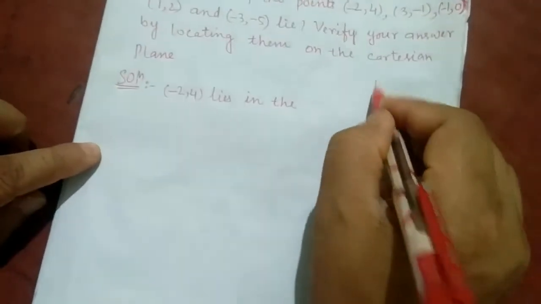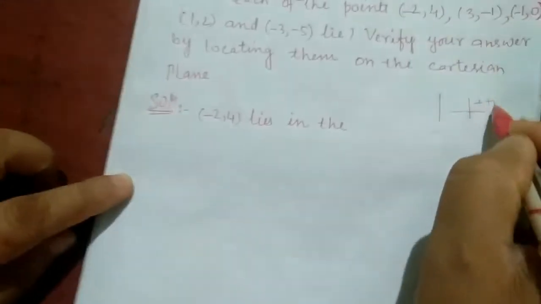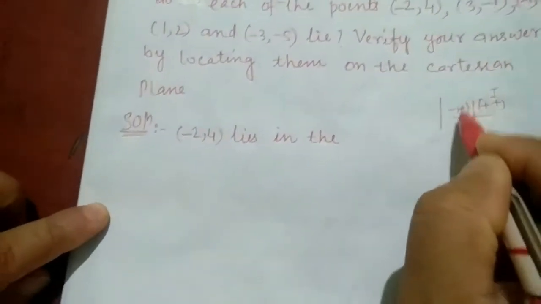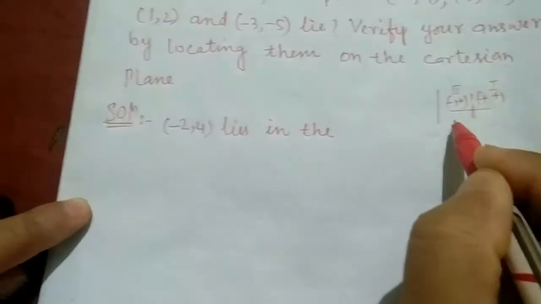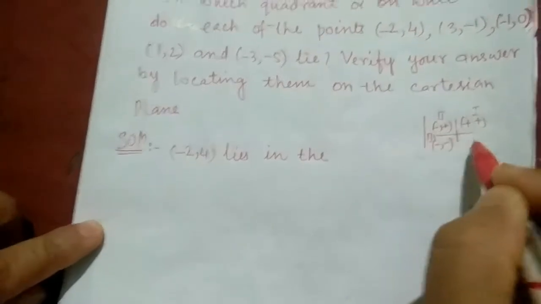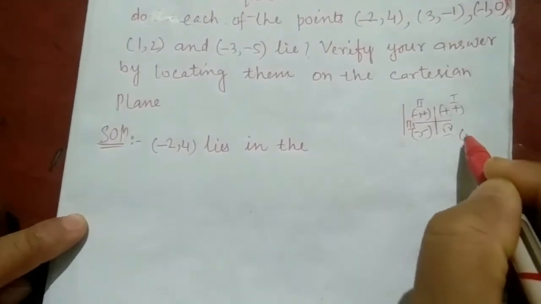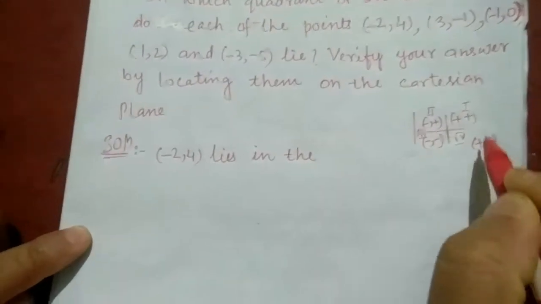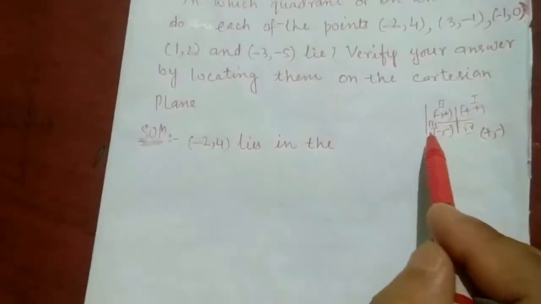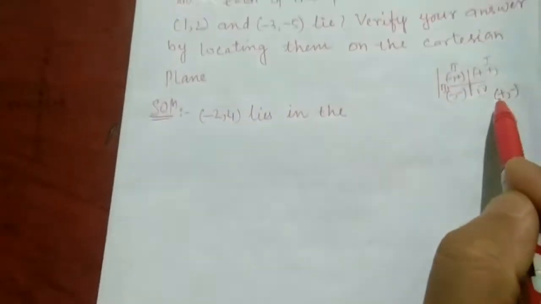Look, quadrants are like this. This is called the first quadrant, positive, positive. Negative, positive is the second quadrant. Negative, negative is the third quadrant. And this is the fourth quadrant, positive, negative. First quadrant, positive, positive. Second quadrant, negative, positive. Third quadrant, negative, negative. And fourth quadrant, positive, negative.